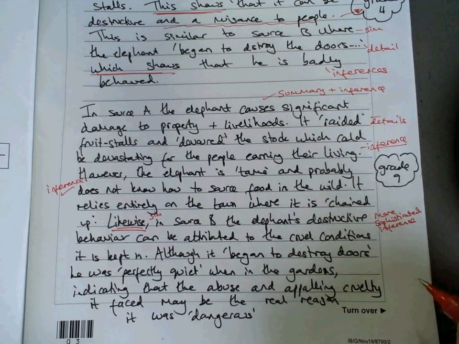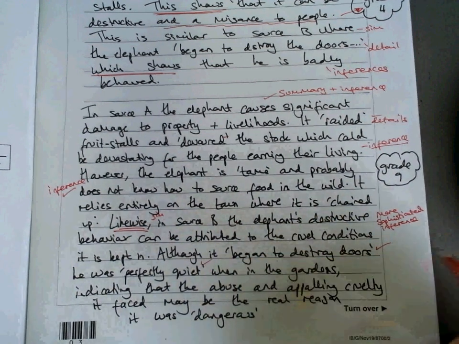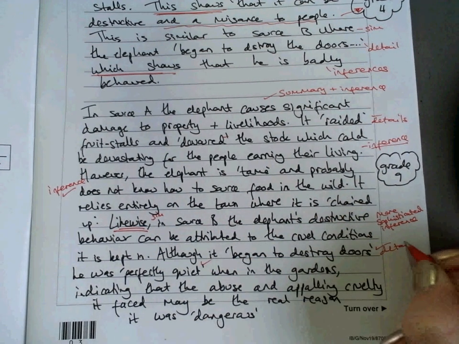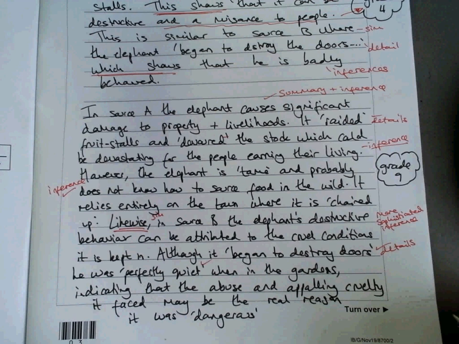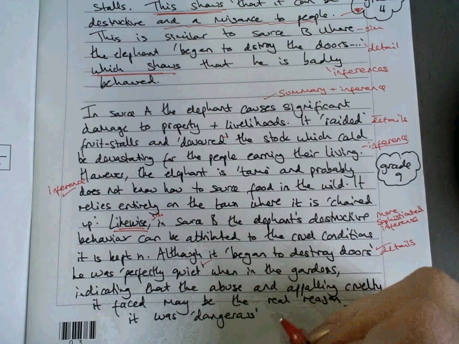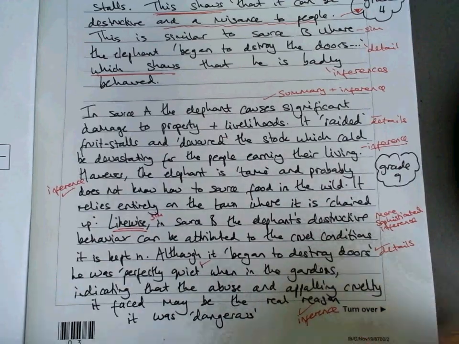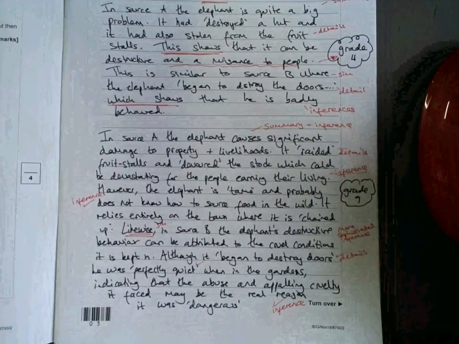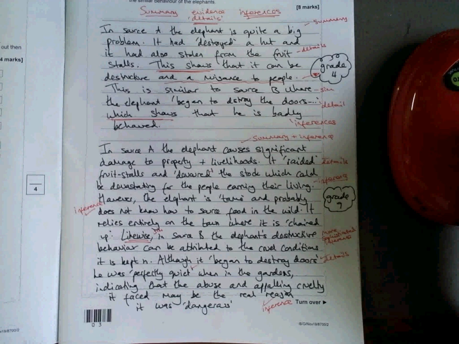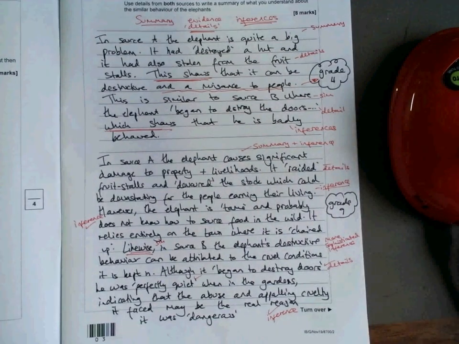Although it began to destroy doors, he was perfectly quiet when in the gardens. So again, more details, and I really encourage you to do embedded quotes for these. He was perfectly quiet when in the gardens, indicating that the abuse and appalling cruelty it faced may be the real reason it was dangerous. So hopefully you can see, looking at the pair of these, the basic structure is the same, isn't it?